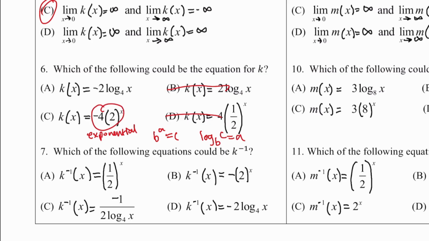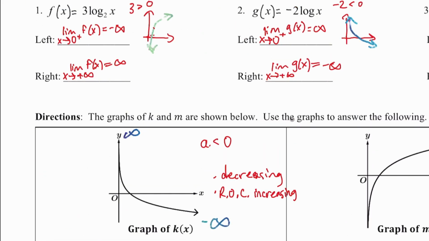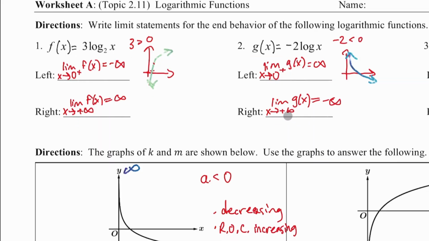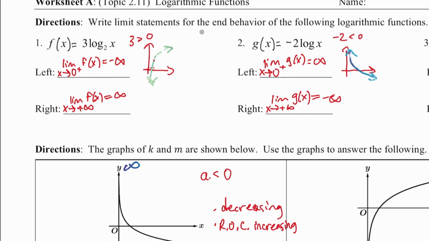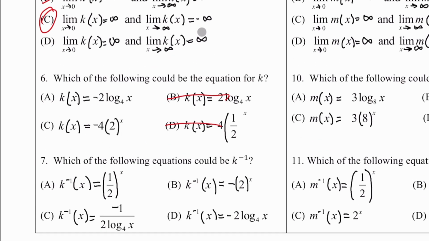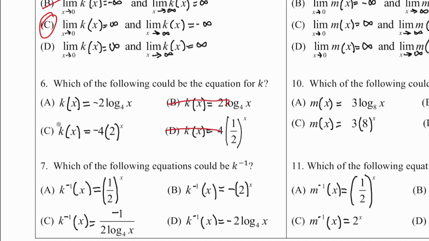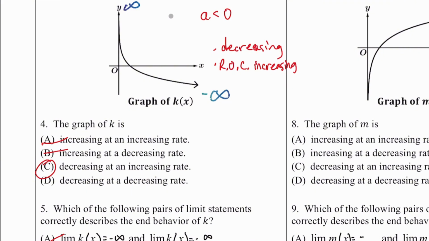We see here there's no word log there, so this just can't be. Our answer can't be C because we're talking about log graphs here, and we know because the title says log functions. So our answer would be A. We can cross out C and it's A. And exponential graphs would not look like this too.